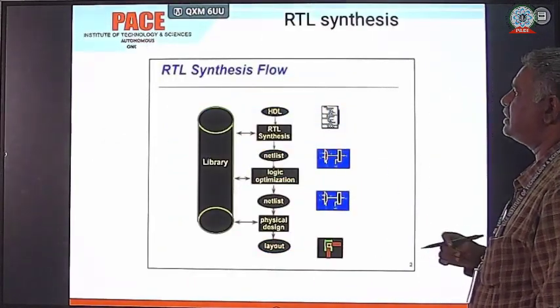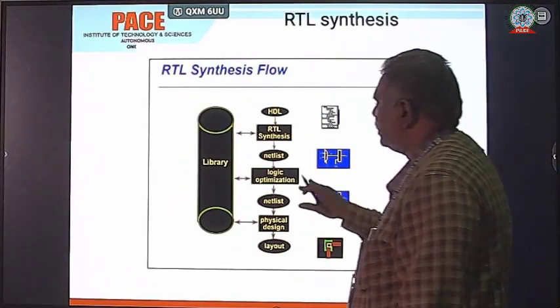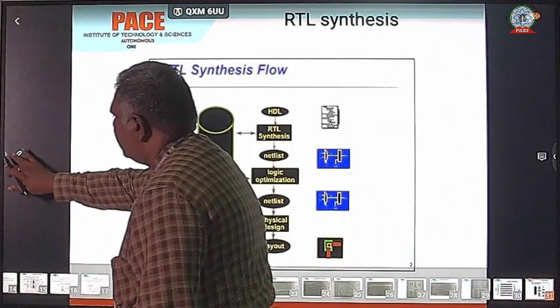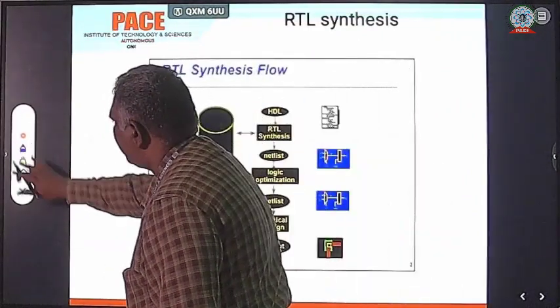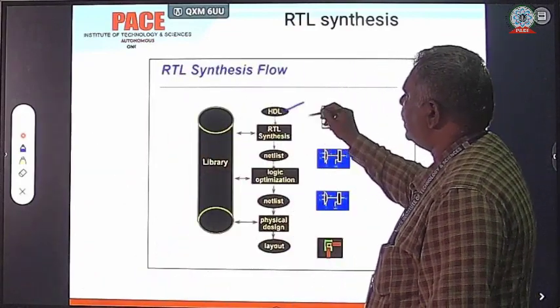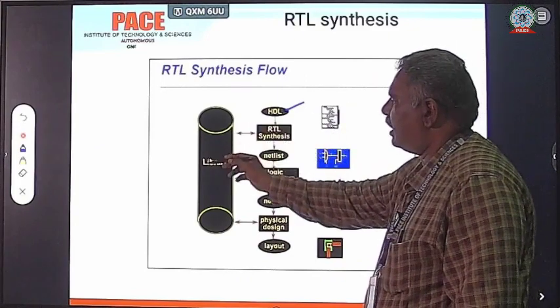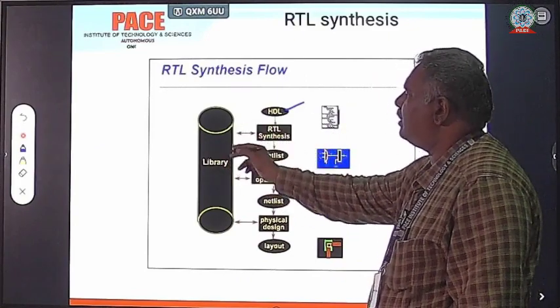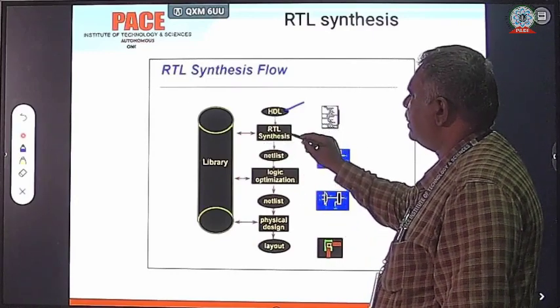As we have already discussed, here we write the HDL program, which is transferred to the library. The library will prepare the netlist. That netlist is going to be synthesized and verified.